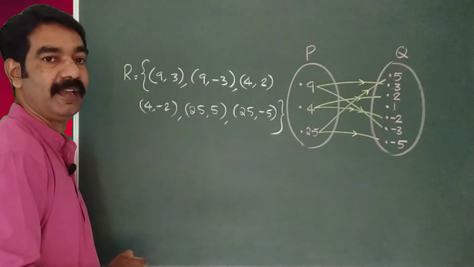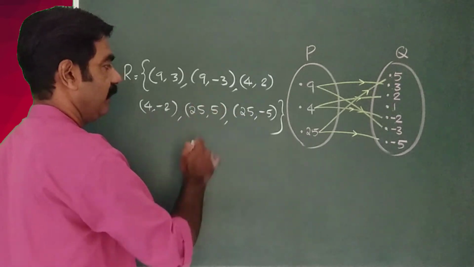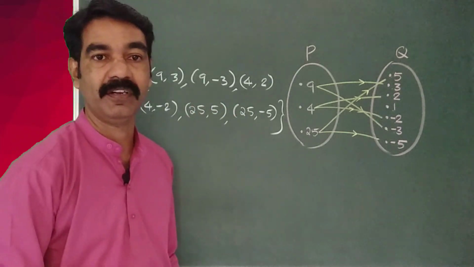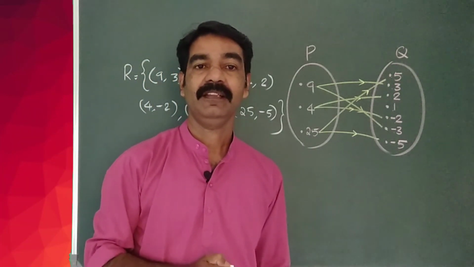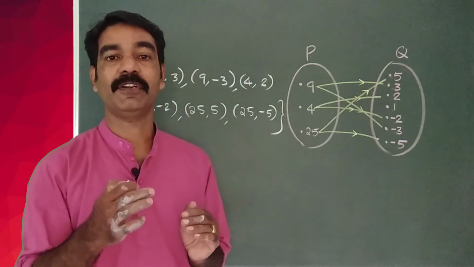So these are the elements in R, 6 ordered pairs in the relation. Now we have to write this relation in set builder form.